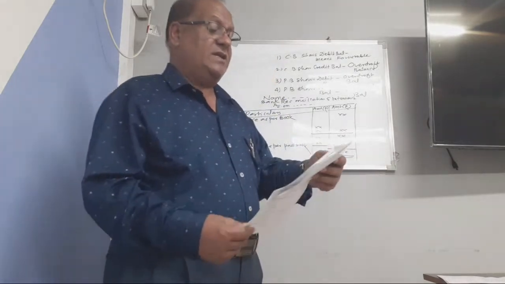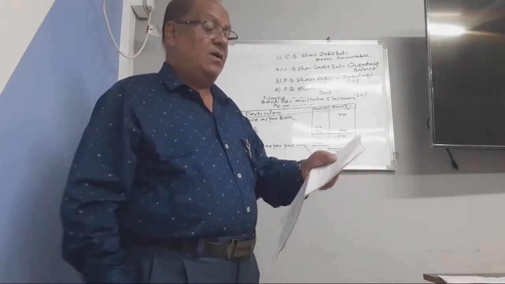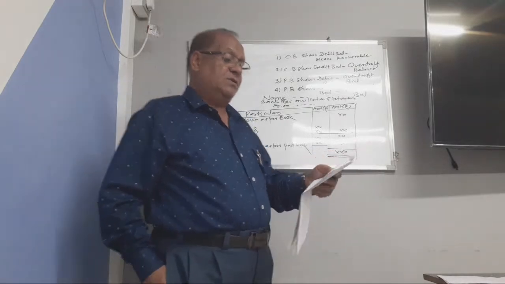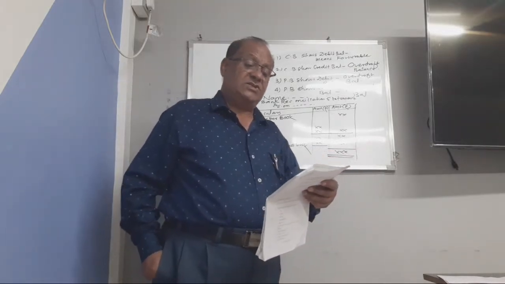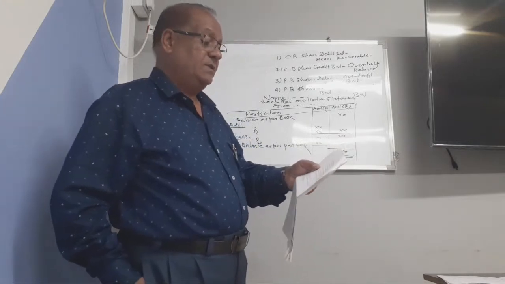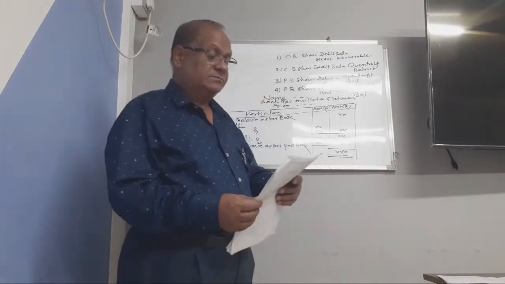The bank balance as per cash book is 15,000. A check of rupees 4,500 deposited on 24th January 2016 was collected on 3rd February 2016. Check issued for 3,500 was not presented for payment.